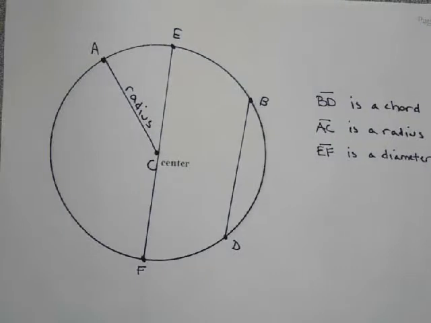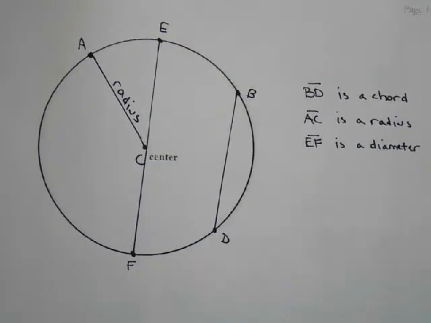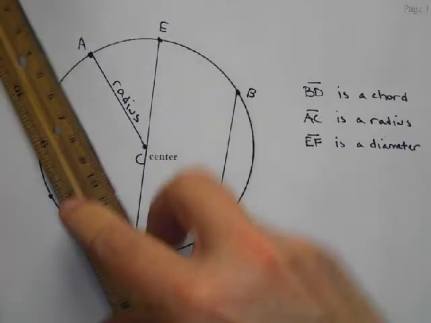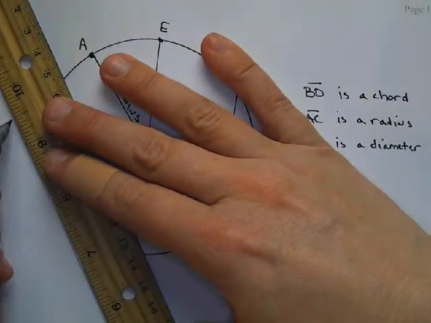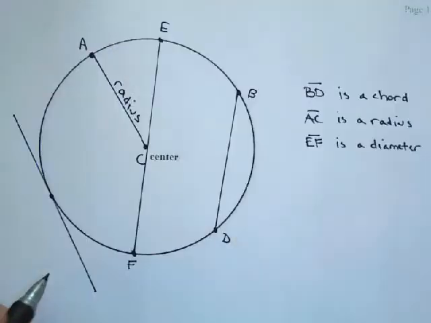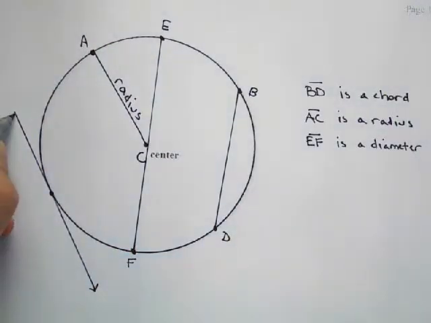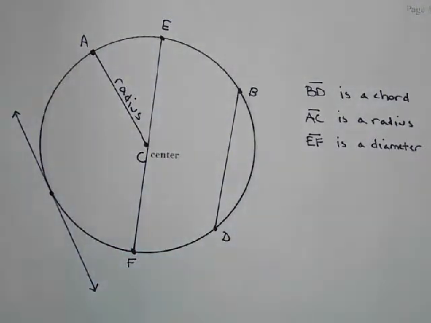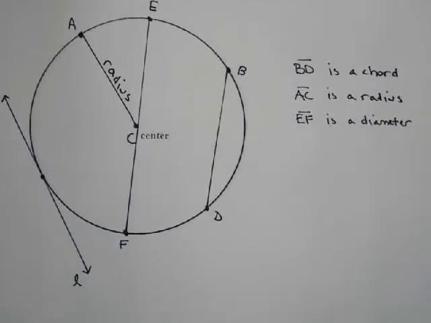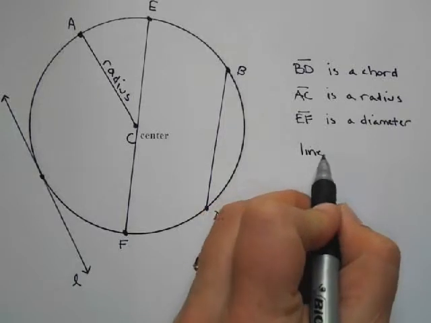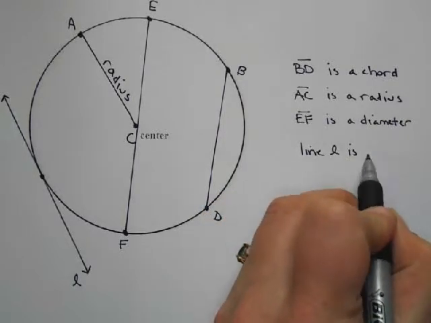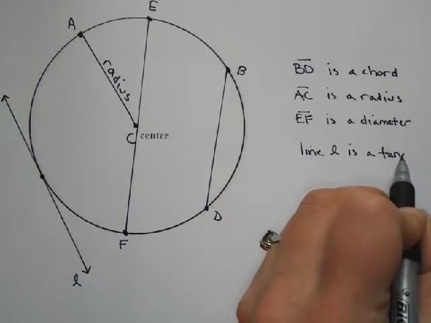A tangent is a segment that intersects the circle in exactly one point. So you can put a point on the circle, and then we can draw a line or a segment that touches that circle in exactly one point. So I can call that line L. Line L is a tangent.